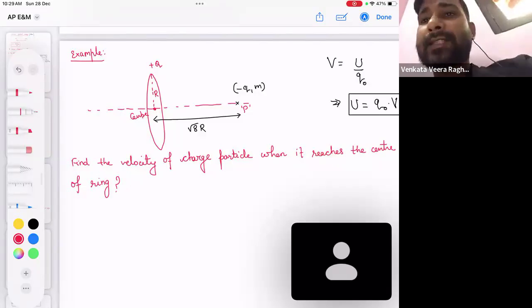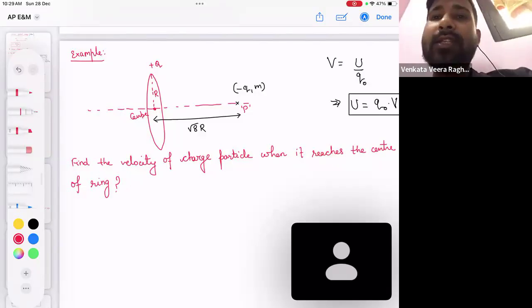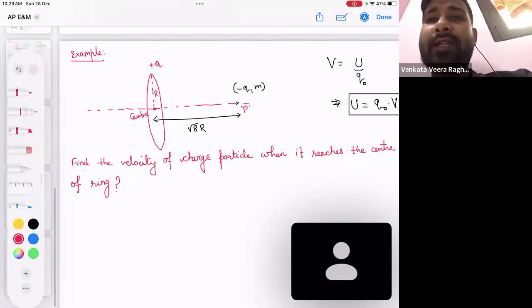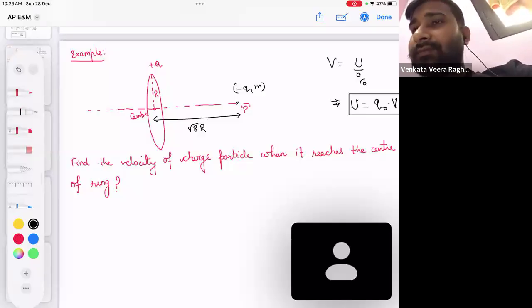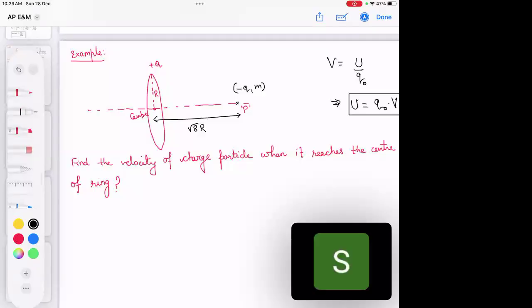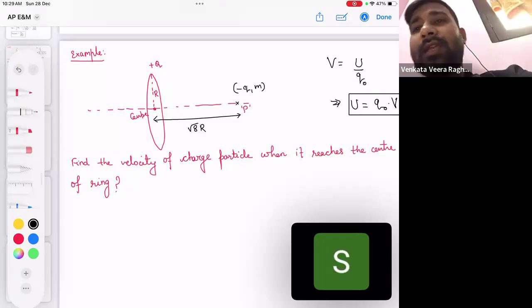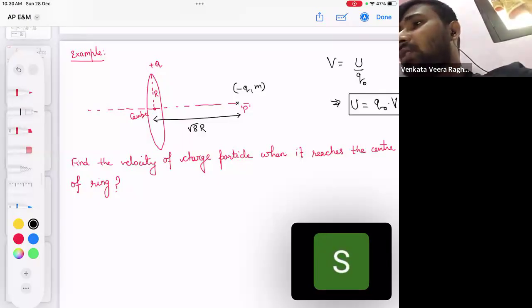Understood? Please tell me, what are we going to apply in this question? Mechanical energy conservation. Yes, work energy theorem or energy conservation. Both are going to give us the same answer. You can apply the work energy theorem or you can apply energy conservation.